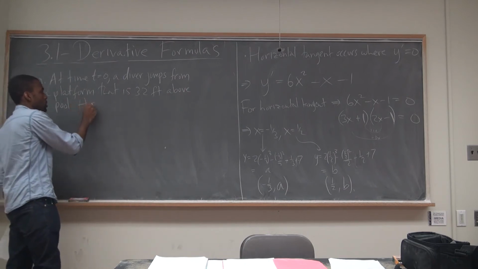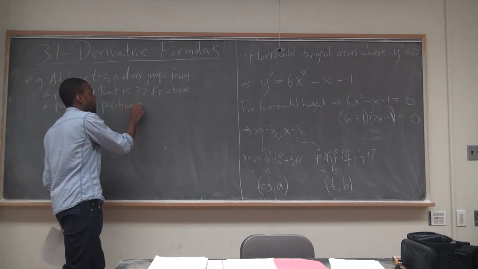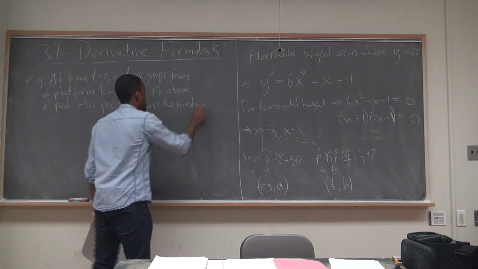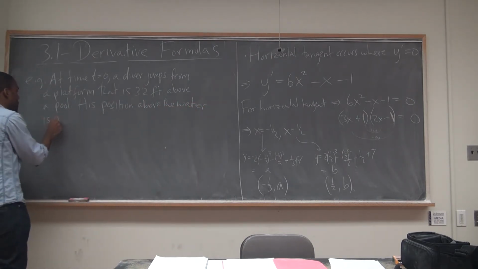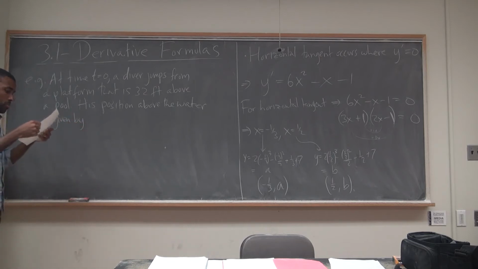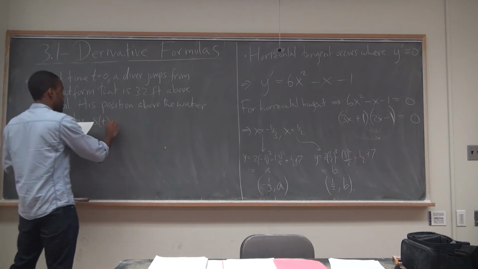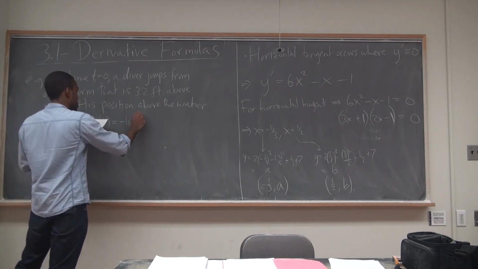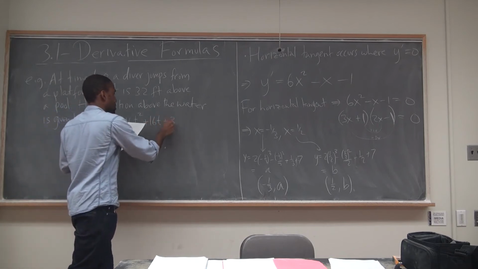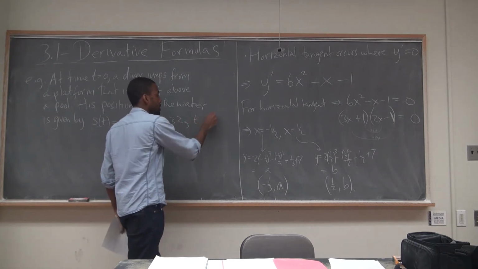His position above the water is given by this function: s of t equals minus 16t squared plus 16t plus 32, where t is time.